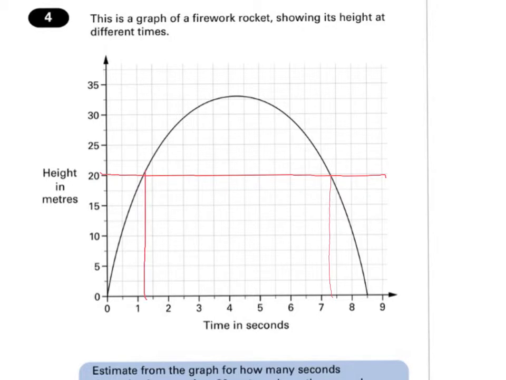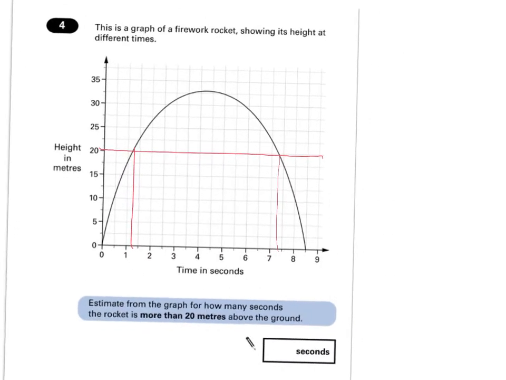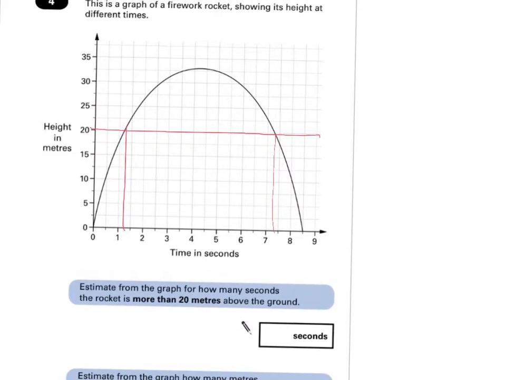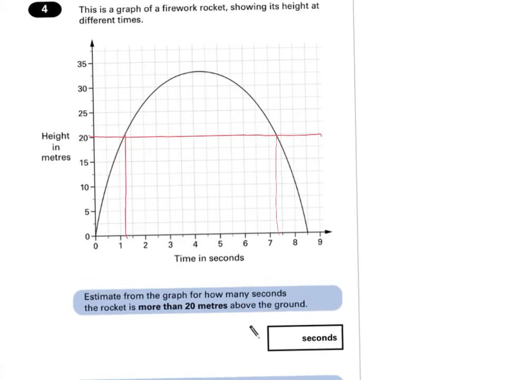What we need to do now is look at this difference in time here in order to answer the question. So we've got the upper measurement here, which looks, if we first look at it, possibly about 7.5, but let's check the scale carefully so that we know what we're doing.